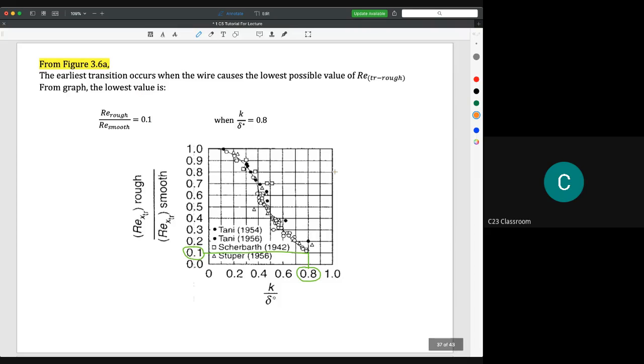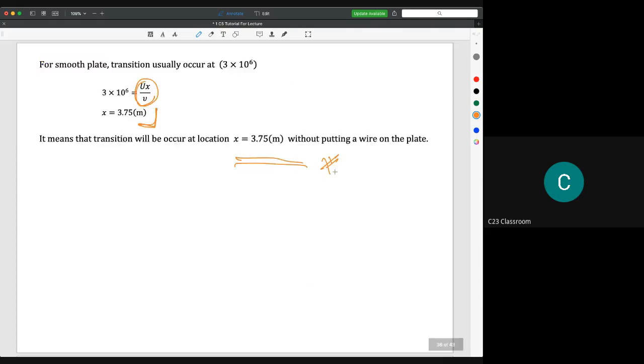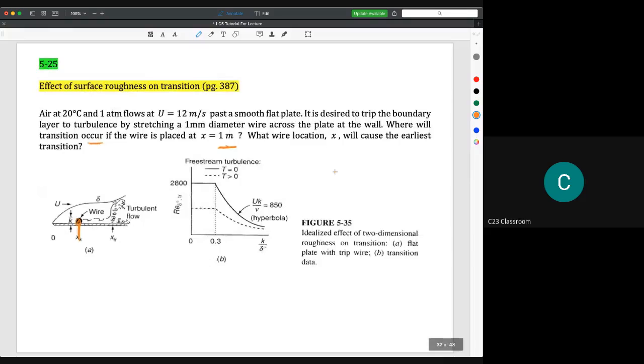Then we want to calculate the soonest. Okay, we refer to the question here. What is the location of x that will cause the earliest transition? That means, what is the location of our wire so that the transition could occur?